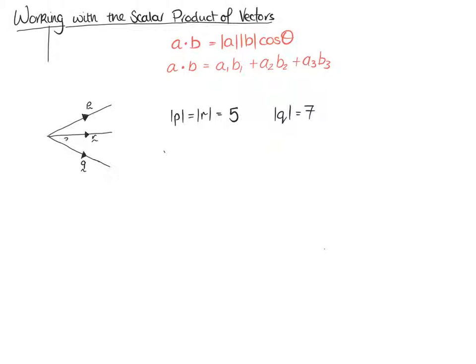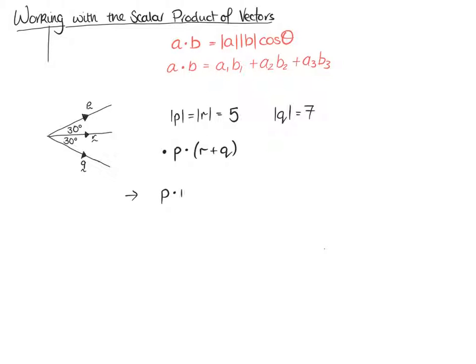The angle between each vector is going to be 30 degrees, because that's a nice one that we know our exact values for. Like I've said before, we can't forget our exact values just because we're not doing that unit. So we want to find the scalar product of P with R plus Q, and we are going to expand it out.